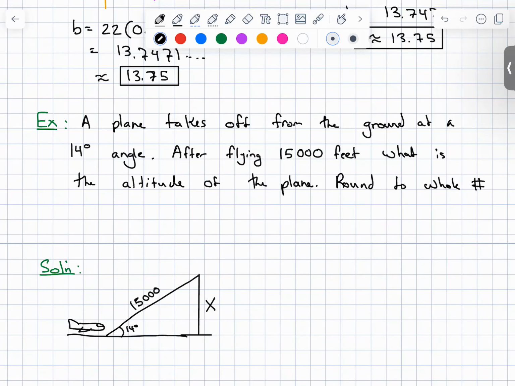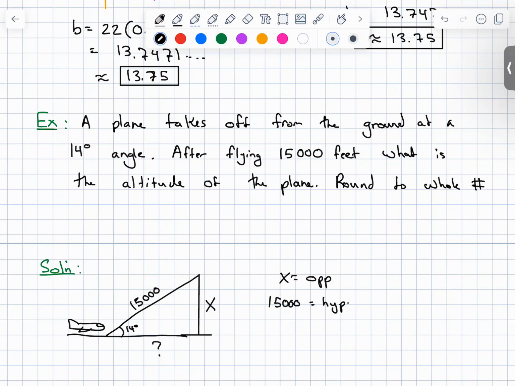So in relation to that 14-degree angle, what side length do I want? X, which is the opposite or adjacent? Opposite. So x is equal to the opposite. And the known side length, we don't know the floor. This is an unknown, so we're not going to use that. We're going to use the 15,000. Is that the hypotenuse, adjacent, or opposite? Hypotenuse. So 15,000 is equal to the hypotenuse.